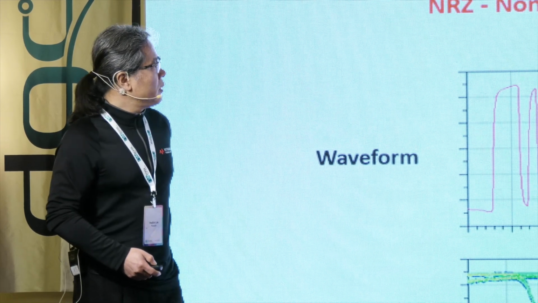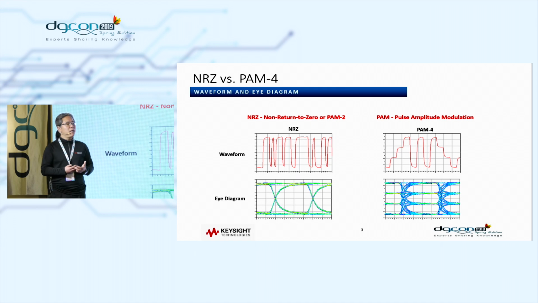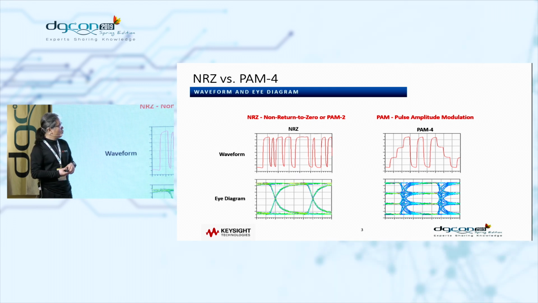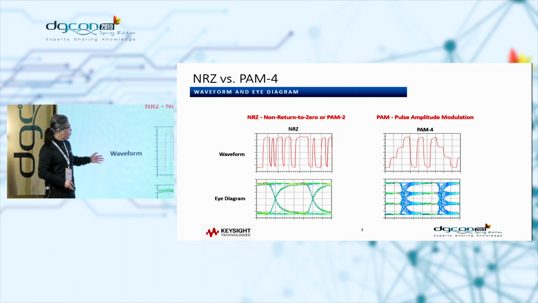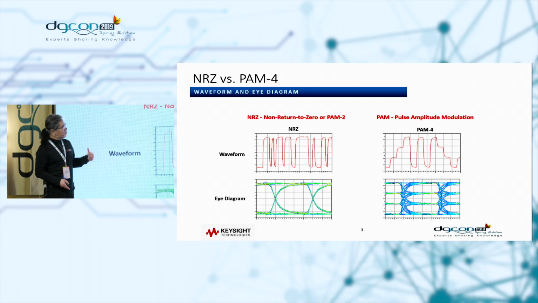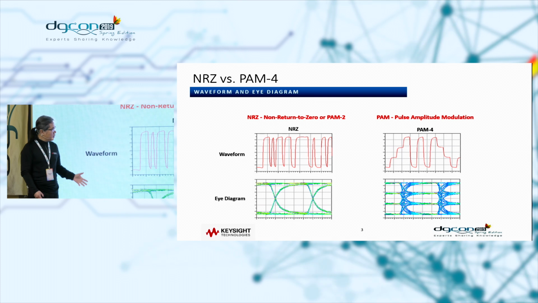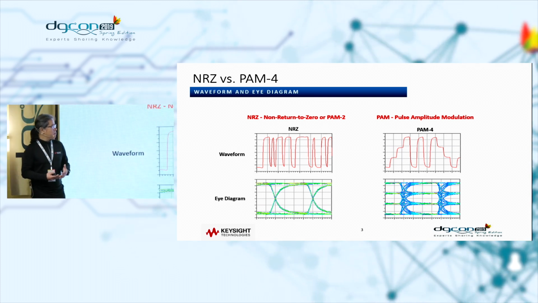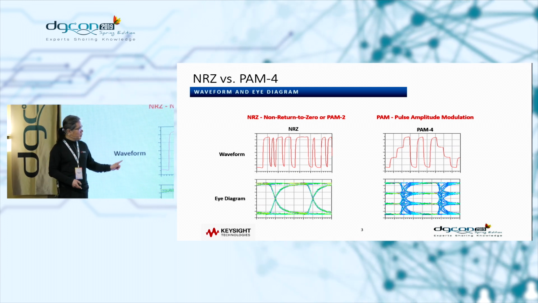So let me start with PAM4 signaling. As you can see, NRZ is non-return to zero, or we could call it PAM2 because there are two levels. When you look at PAM4, that has four levels. Looking at the waveform, it's a little bit difficult to see four levels, but within the eye diagram, we can clearly see that there are four levels instead of two levels, 0 and 1.